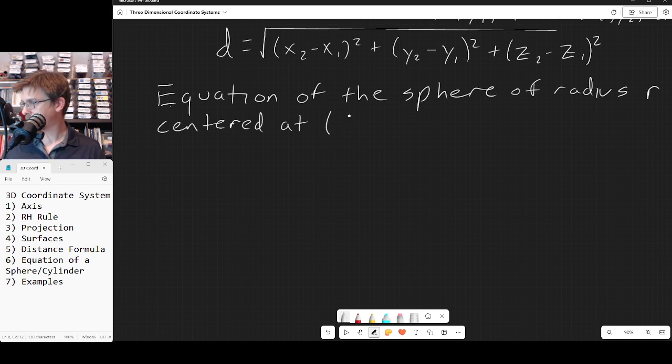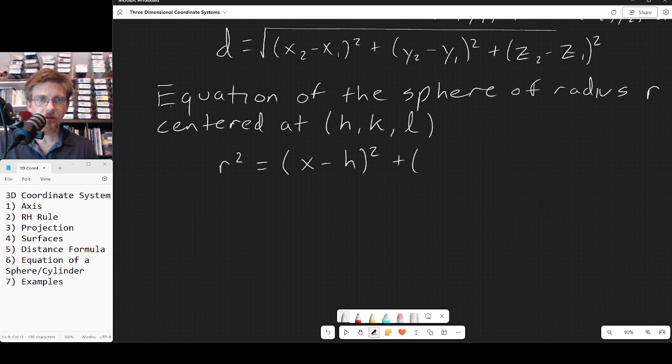I think we're going to use H, K, and L. There are certain books that use it like that. All right, so the equation of the sphere of radius r centered at H, K, and L looks just like the equation for a circle. So r squared is equal to x minus h squared plus y minus k squared plus z minus l squared.